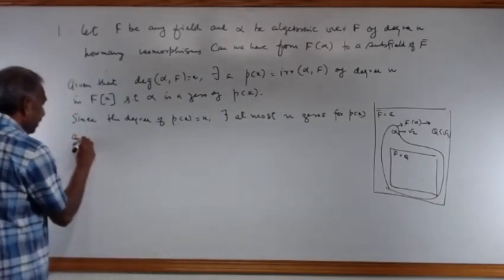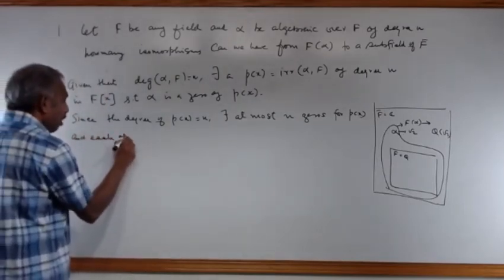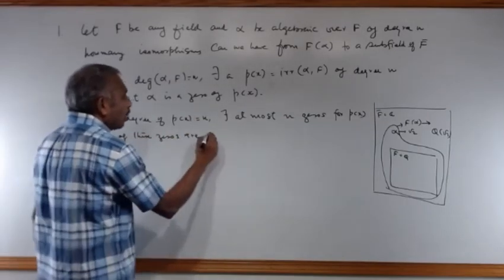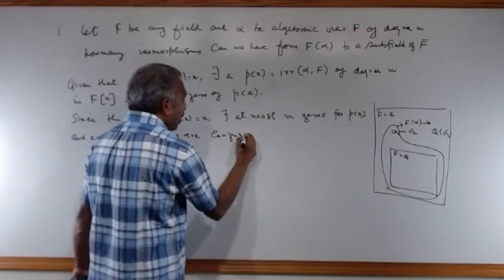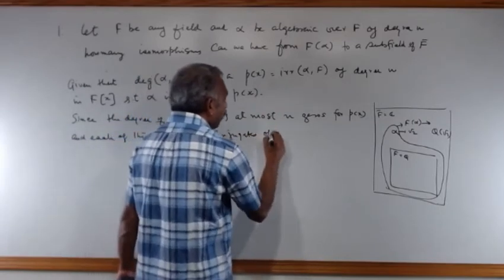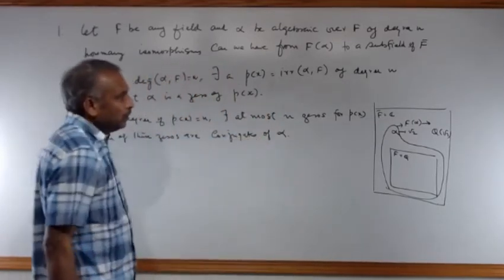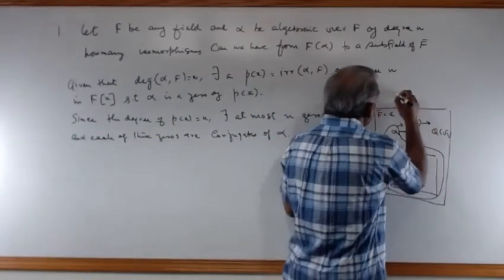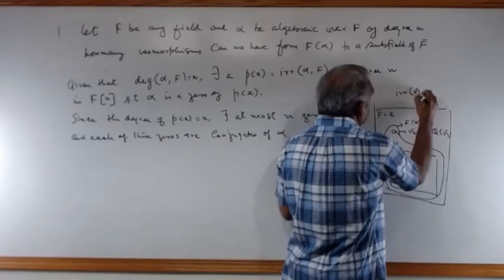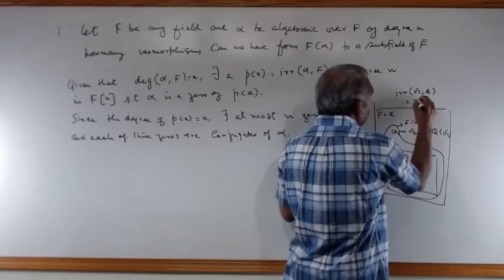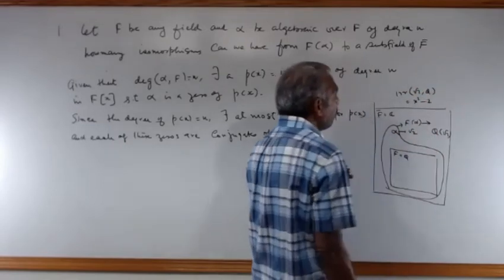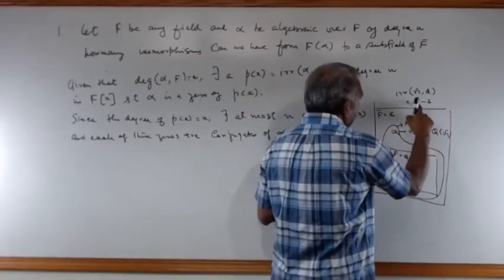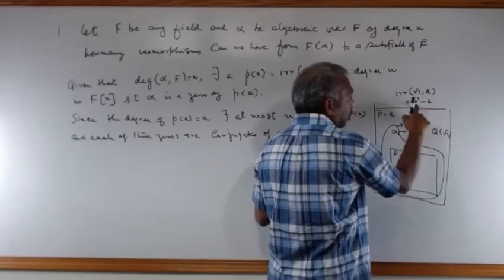And each of these zeros are conjugates of alpha. For example, here the irreducible polynomial of root 2 over Q is equal to x square minus 2. So there are two zeros for this. n is equal to 2 here.